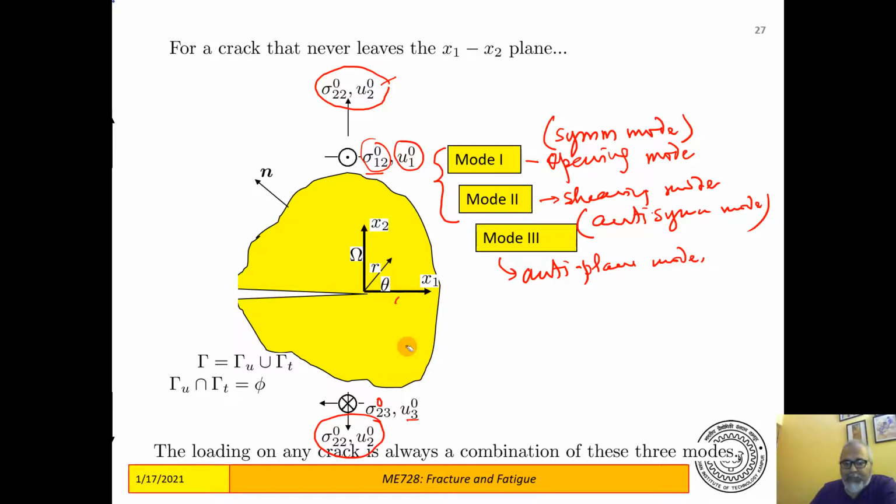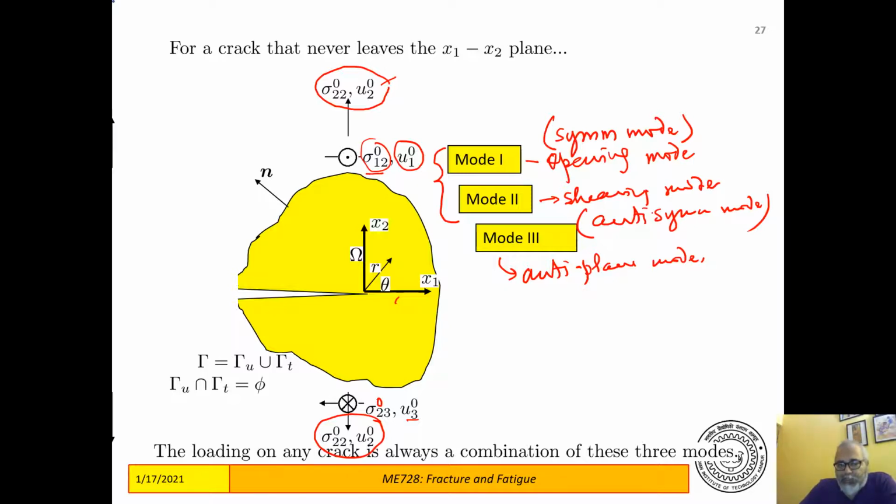What I mean by that is, in this problem, the crack extends infinitely from 0 to minus infinity, and the body is infinitely large. When this is the situation, there are no length scales in the problem. So there is nothing that is a characteristic length scale special to this problem. Everything is far away at infinity.